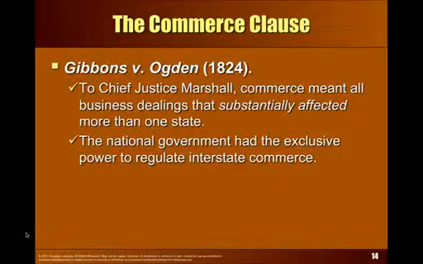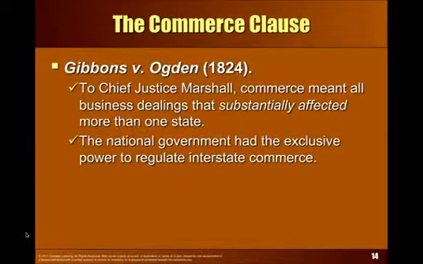So really, I'm not going to ask you, tell me, you know, on a quiz, what are the facts of Gibbons versus Ogden. I'm not going to do that. But I want you to see over time how the U.S. Supreme Court has loosened its interpretation of the Commerce Clause. So back in 1824, when I graduated from high school, there was the court saying that anything that substantially affects more than one state should be considered interstate commerce.